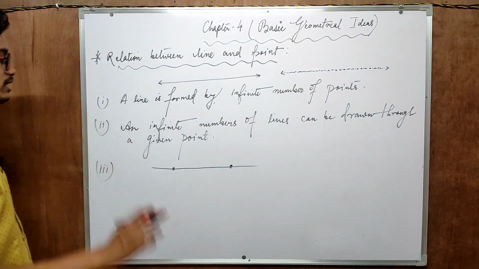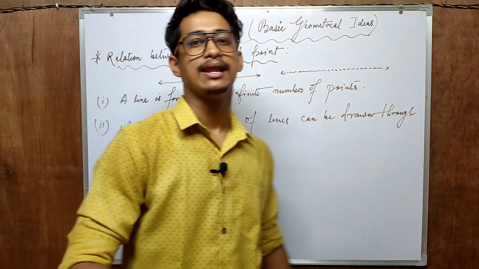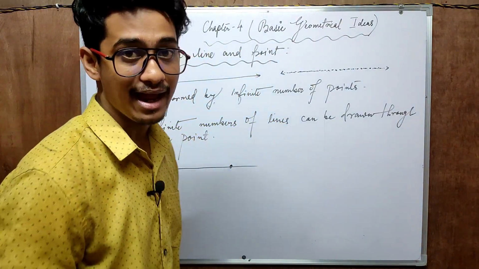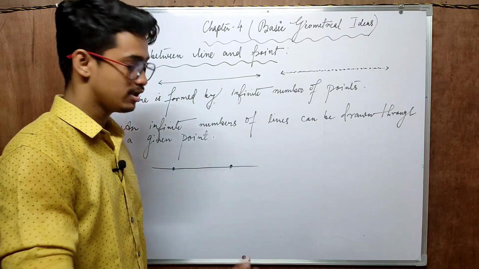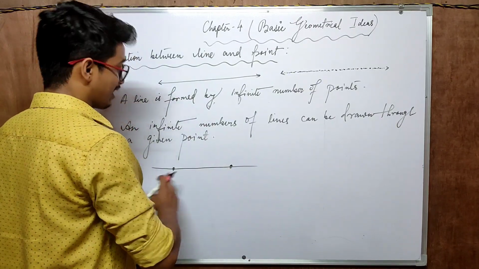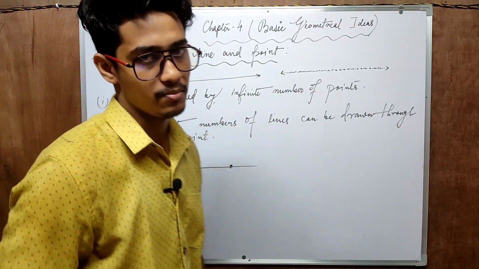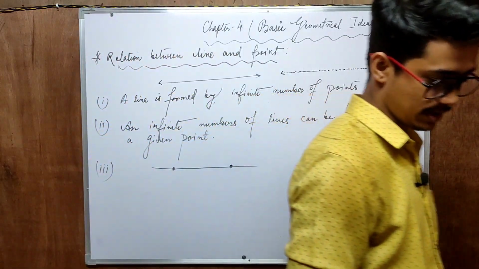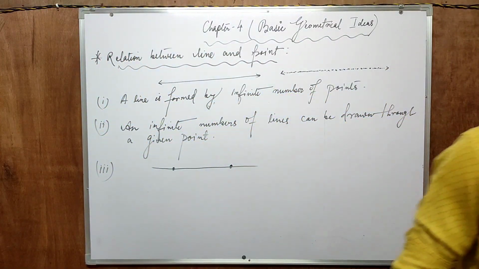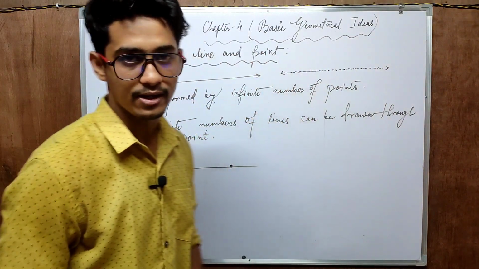So that means only one unique line can be drawn when there is a condition to pass the line through 2 given points. So what will be the statement?